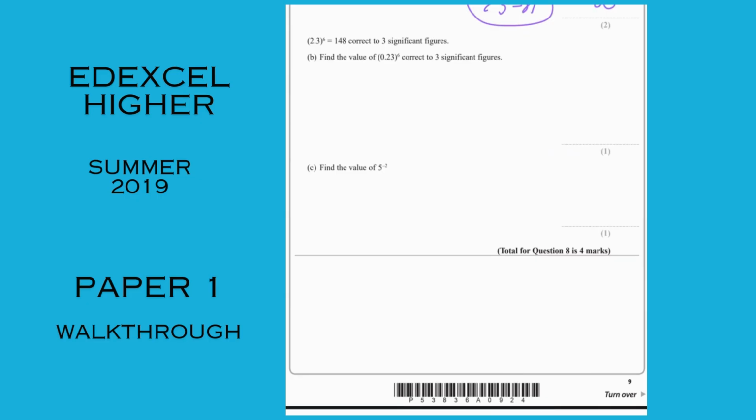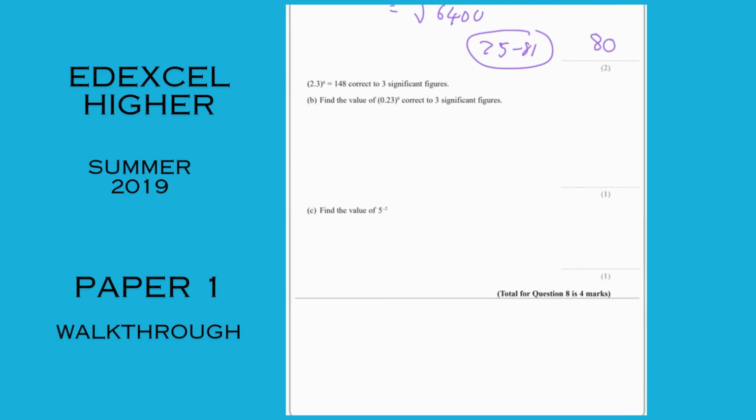Next one, 2.3 to all that power. Well, at the end of the day, it's the number of digits after the decimal point that's important. So if we know that 2.3 is 148, that's smaller. So the 148 is going to appear on the right-hand side of the number. It's going to be 0 point, and so on, and so on.